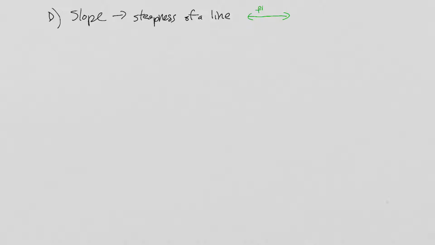Okay. It could be slightly steep like this. Okay, just think about if you're trying to go up a hill, and then very, very steep, you're not going to be able to walk, or you're going to have to climb. Okay?